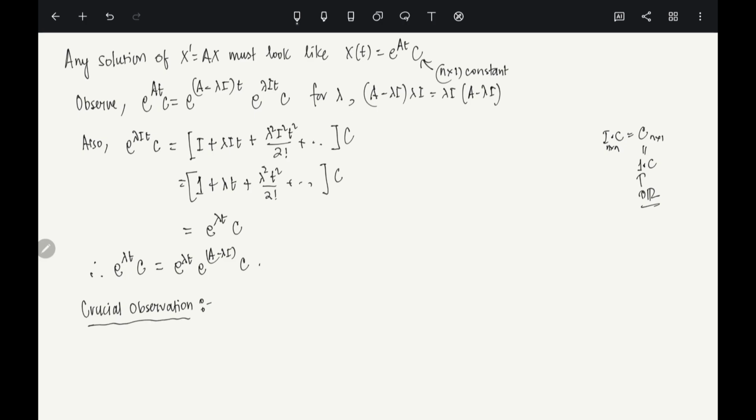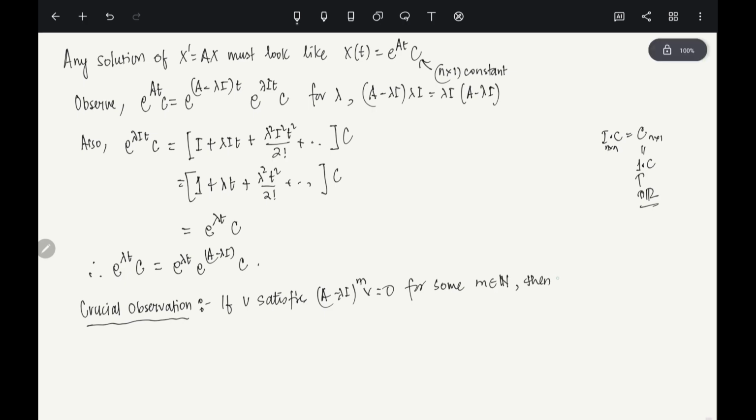See that if V satisfies A minus lambda I to the power m times V equals 0, for some m in N, then the series e power A minus lambda I t times C terminates after m terms.